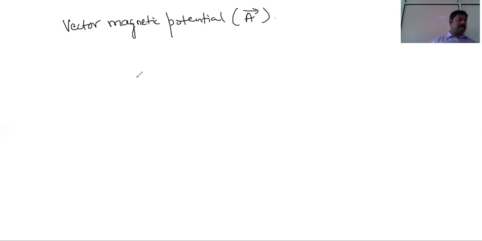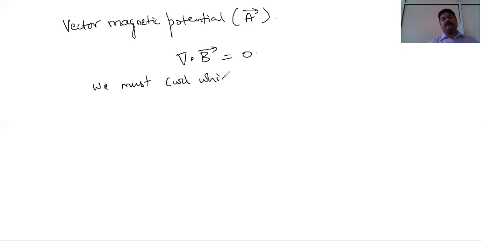Now, this we will not have an explicit definition, but what we can say is, because one of Maxwell's equations says that del dot B equals 0, we must have a curl which satisfies the above equation.